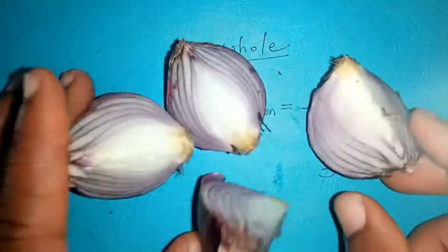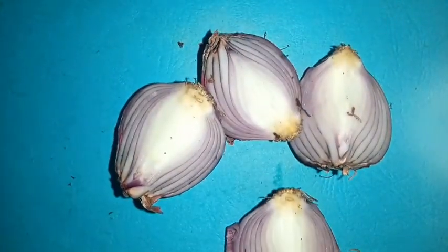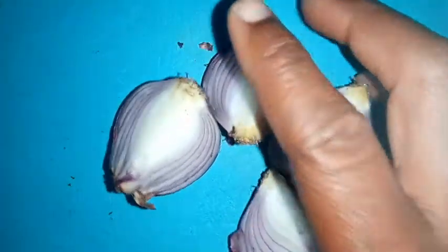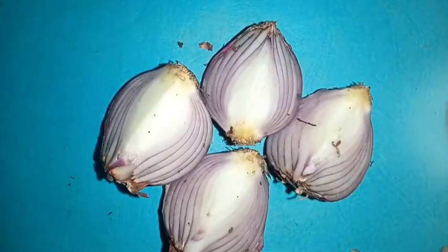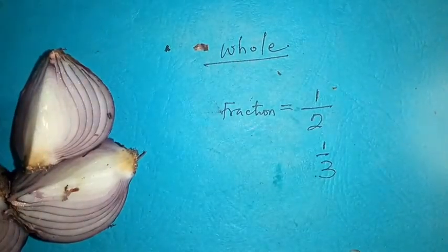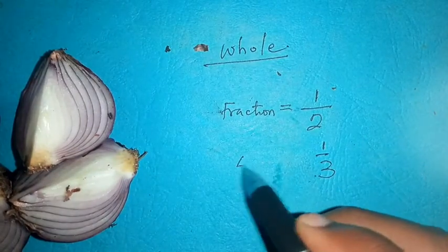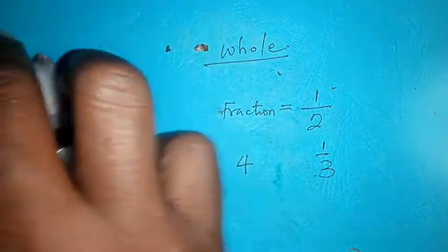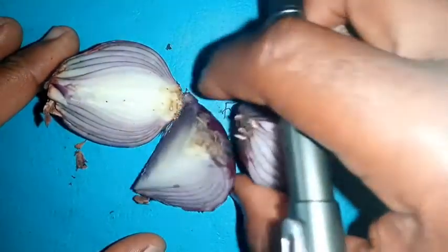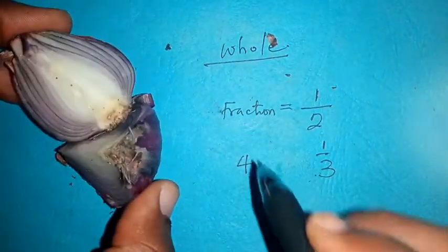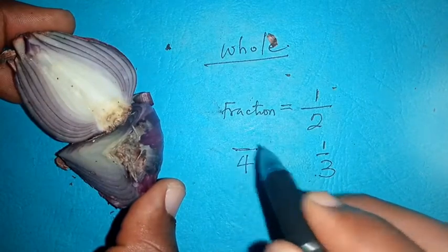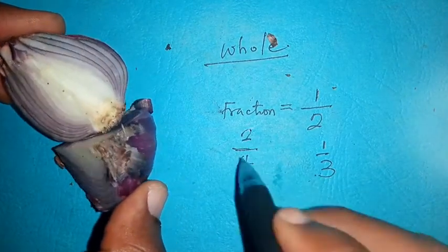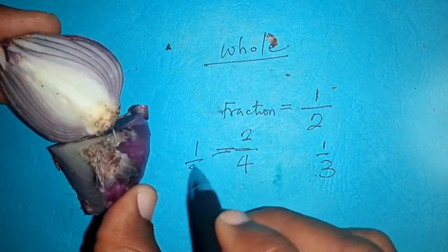This is 4 parts of the onion. What is the denominator? The denominator is going to be 4 at this point. Out of these 4, I decide to use 2 for cooking. What fraction did I use for cooking? It is going to be 2 over 4, which is the same as 1 over 2.